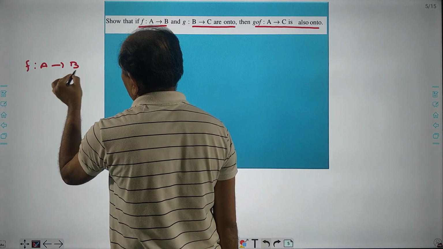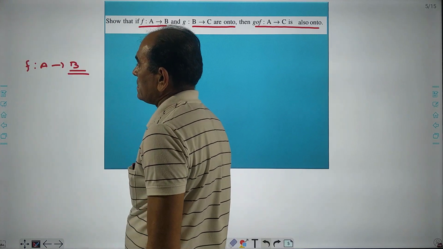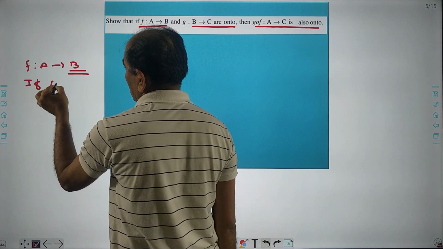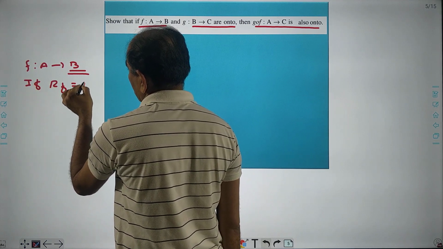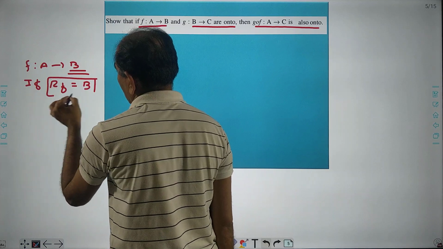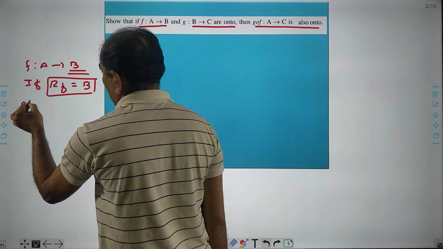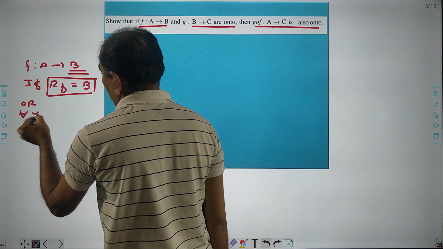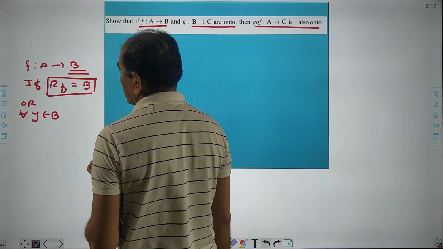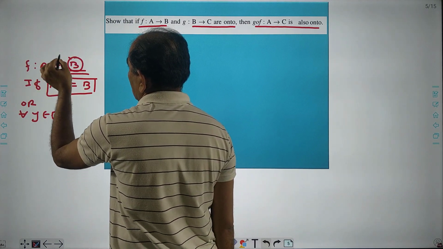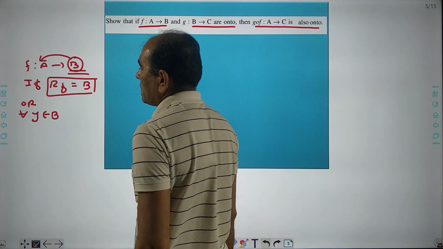A function f from A to B is given to us. If the range of f is equal to B, which is the codomain, then the function is onto. Or in other words, for all y belongs to B, that means every element of B should be the image of some element of the domain.